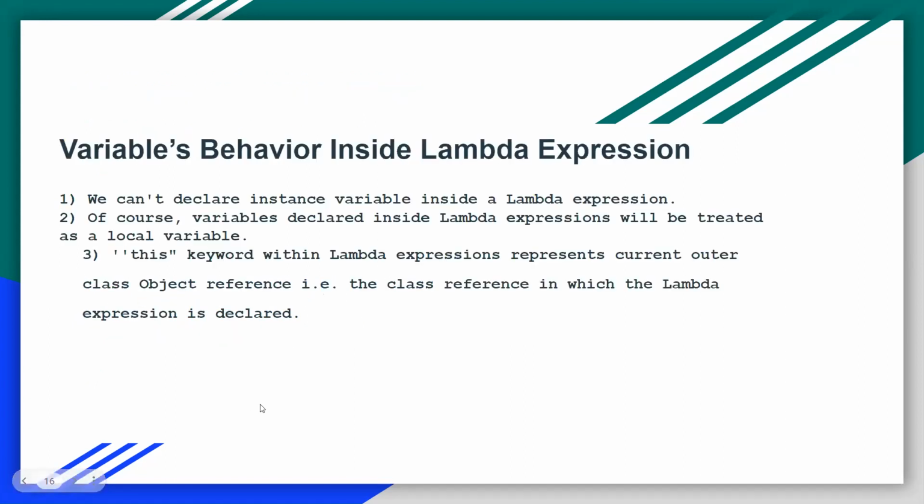After that, the variables behavior inside the lambda expression. We can't declare instance variable inside the lambda expression, and variables declared inside the lambda expression will be treated as a local variable. And this keyword within the lambda expressions represents the current outer class object reference, that is the class reference in which the lambda expression is declared.